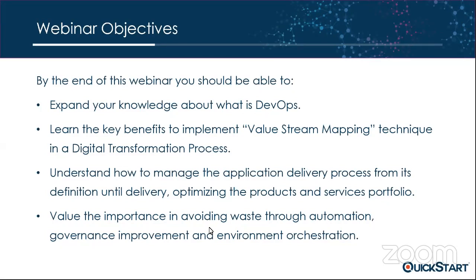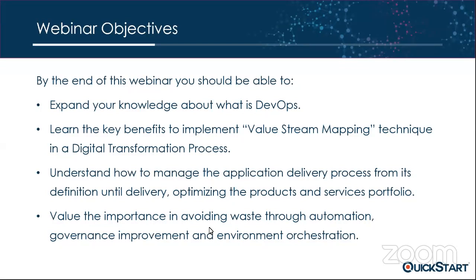DevOps is understanding the market as well, and putting all the elements in a chain and trying to move forward, promoting the flow, promoting the feedback, and promoting continuous experimentation. I mentioned the three DevOps ways.